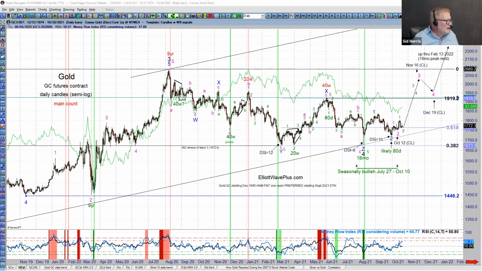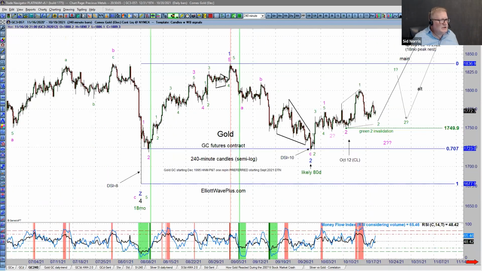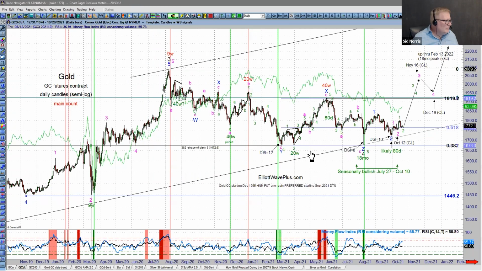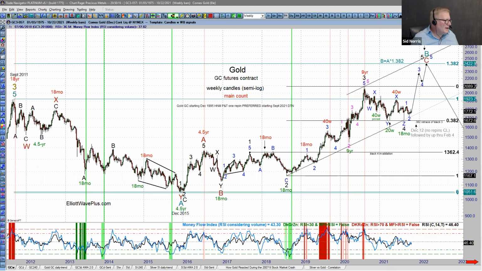And I think that roadmap has changed a little bit recently, but you can see the ultimate end of the next upward move. I think I am using that as February of 2022.